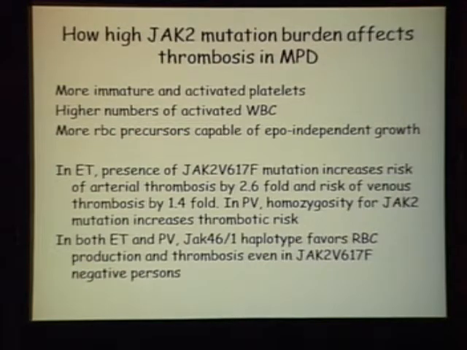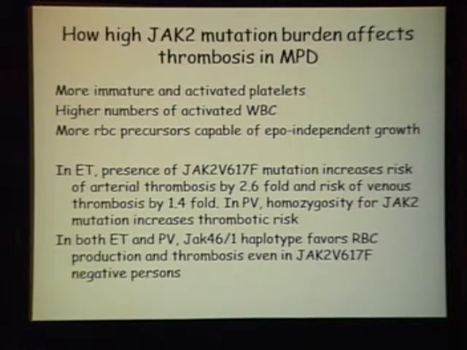There are higher numbers of activated white cells, which are recently considered more and more to contribute to thrombosis in a great many settings, not exclusively myeloproliferative disease. And there are more red cell precursors that are capable of independent growth. And this also is correlated with more thrombosis.